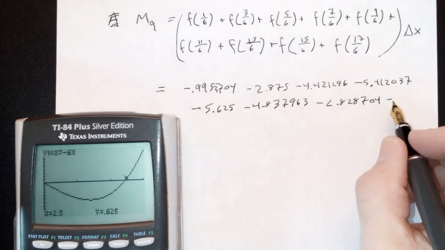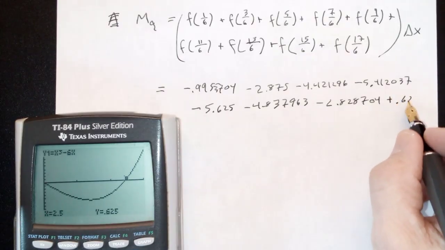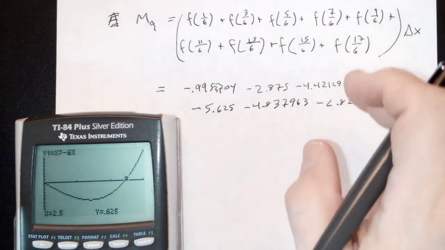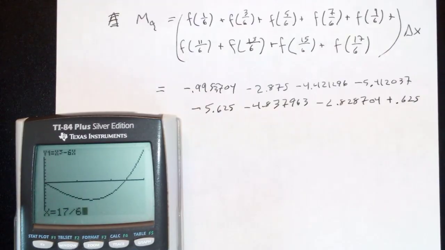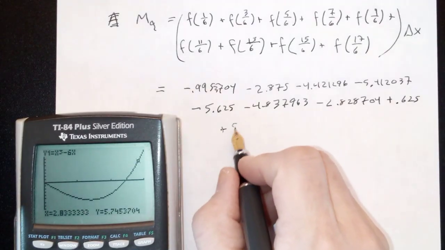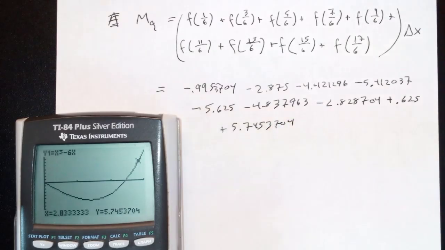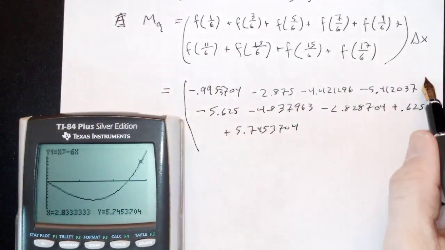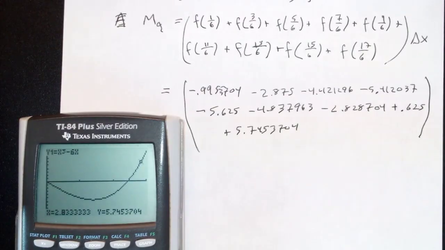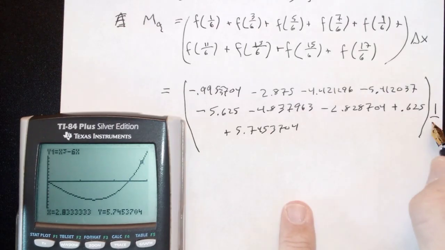Oh, that's positive, so don't forget, we switch signs, 0.625. And 17/6, 5.7453704. And all of that, whatever I calculate that number to be, gets multiplied by what? 1/3. The width of our rectangle.